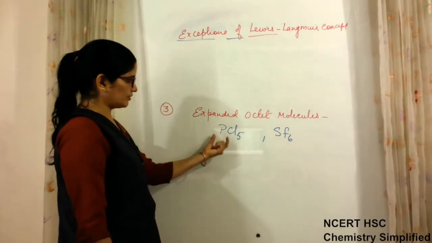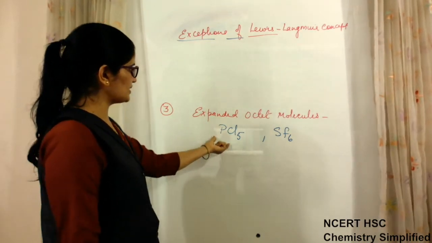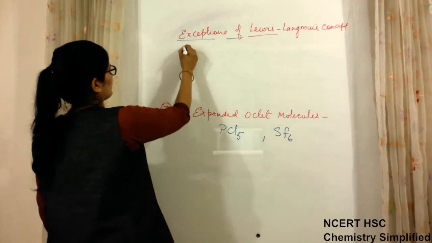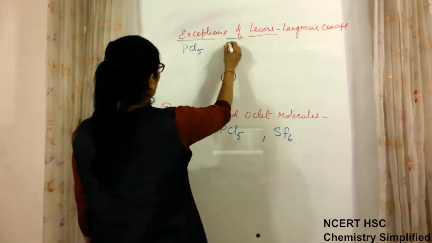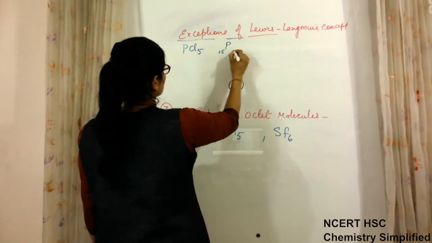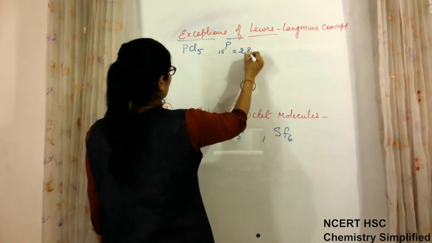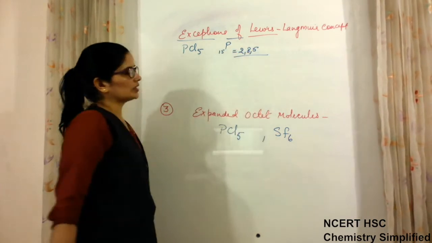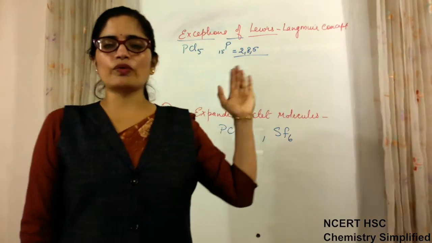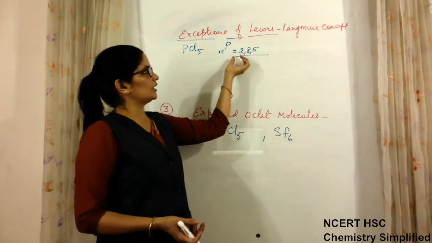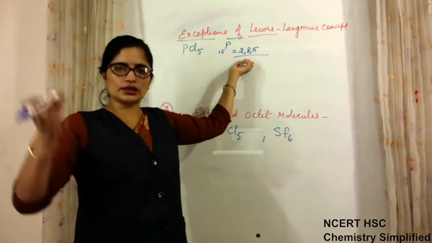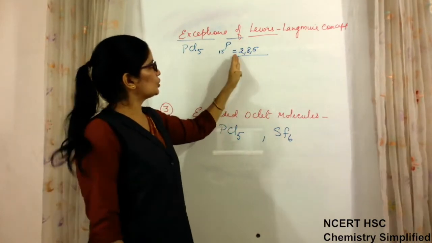Now we will see one example. Explanation of PCl5 we will see. PCl5, phosphorus, atomic number is 15, distribution is 2, 8 and 5. Still when we know 1s2, 2s2 distribution, it is easier to divide the electrons by following the old pattern. 2, 8, 5.